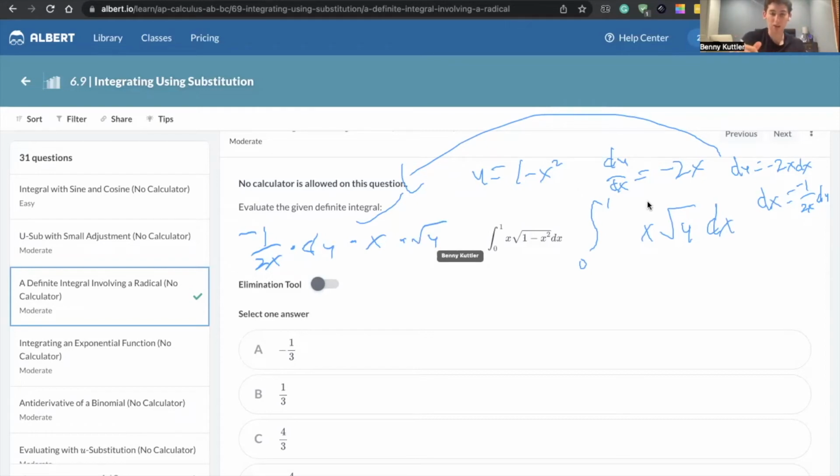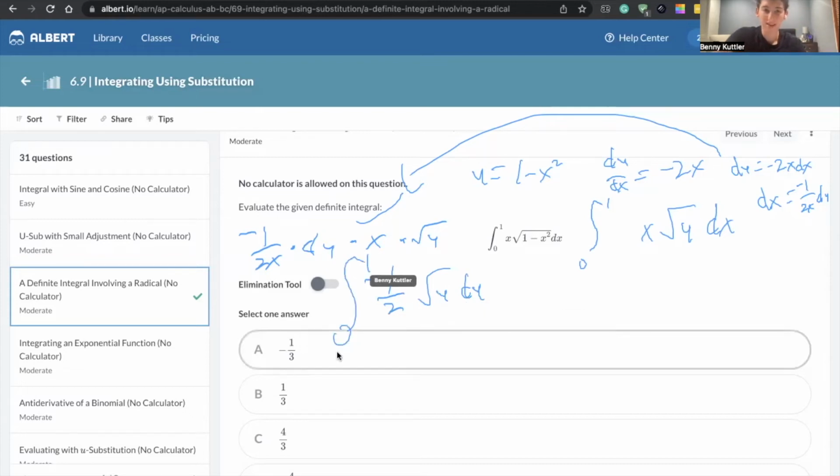Now if we simplify this, when we multiply x and negative 1 over 2x, the x's cancel and we're left with just negative 1/2, and then square root of u and du. And we want to take the integral between 0 and 1.